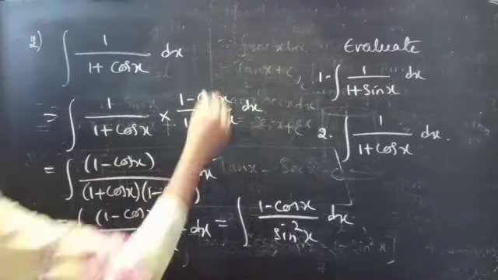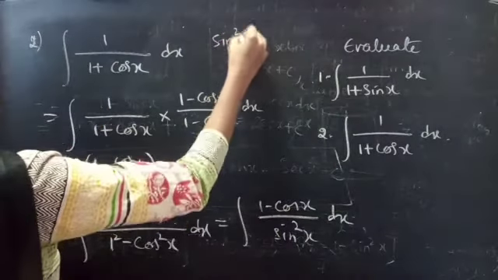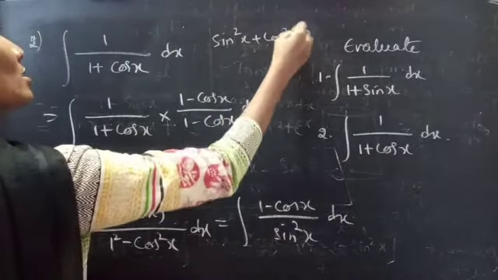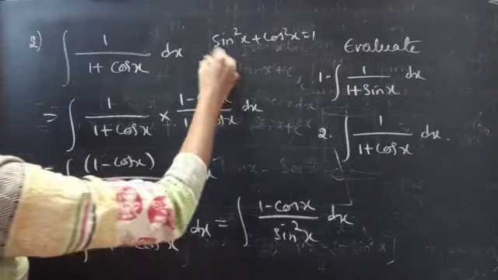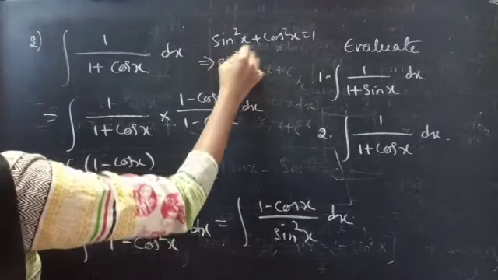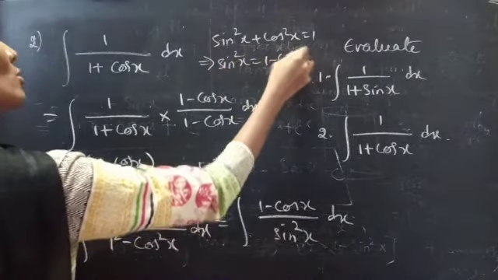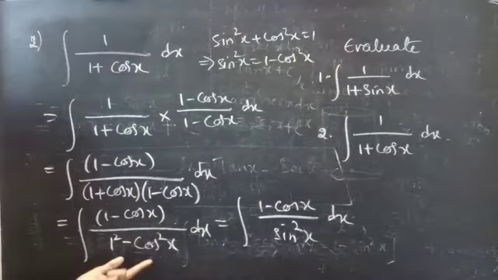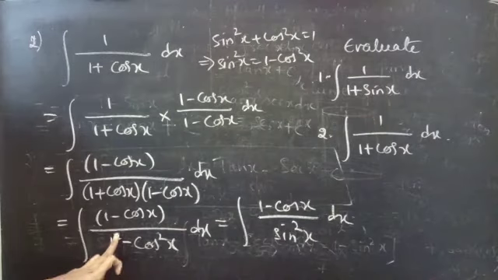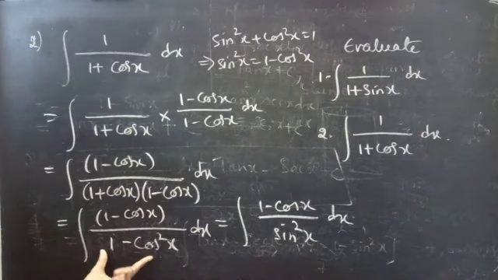Since we know that sin square x plus cos square x equals 1, from this we'll get sin square x equals 1 minus cos square x.